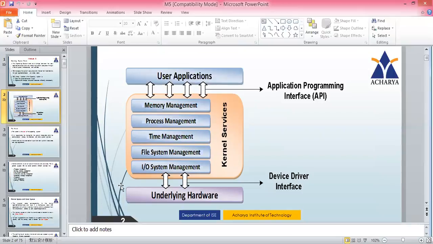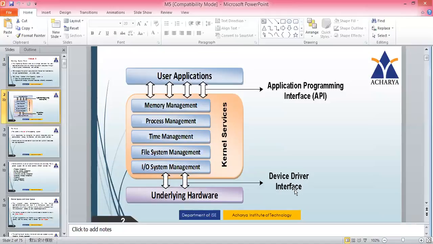Between the hardware and the user application, you have kernel services. This is nothing but the operating system. The operating system is responsible for memory management, process management, time management, file system management, IO system management. Between the kernel services and the hardware, there is one more layer, the device driver interface. I had discussed this in the class also.